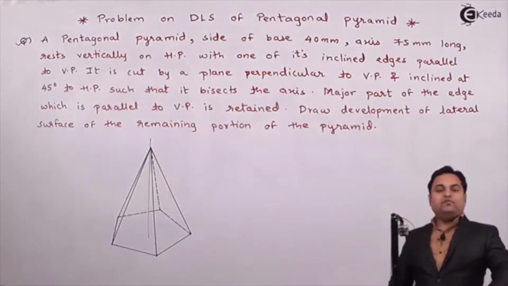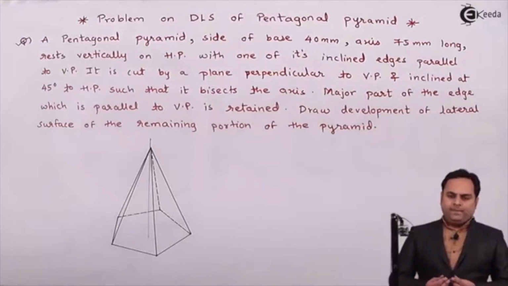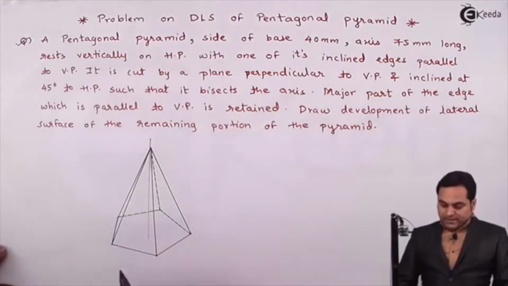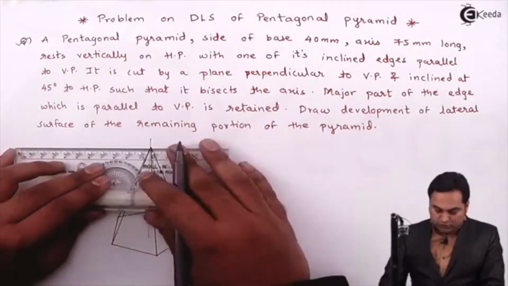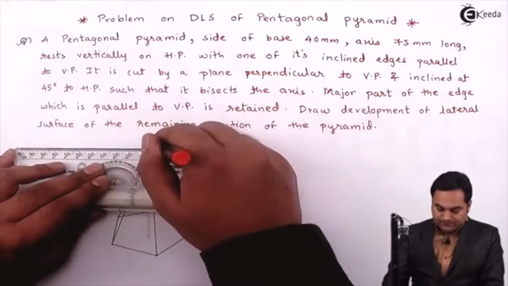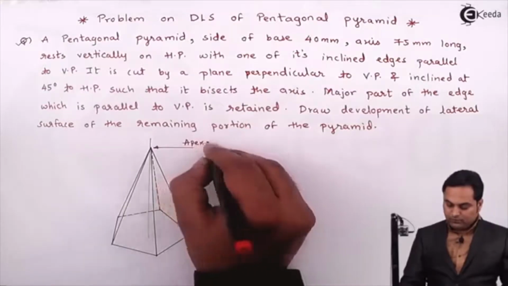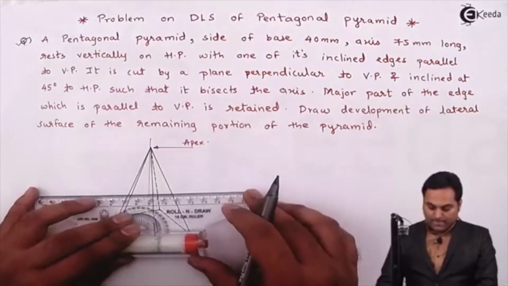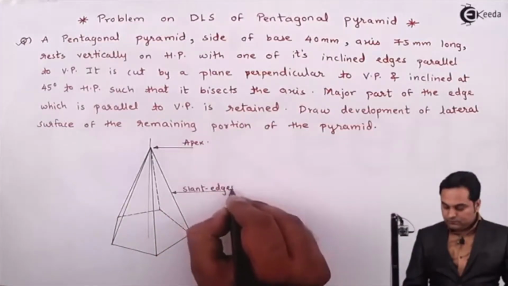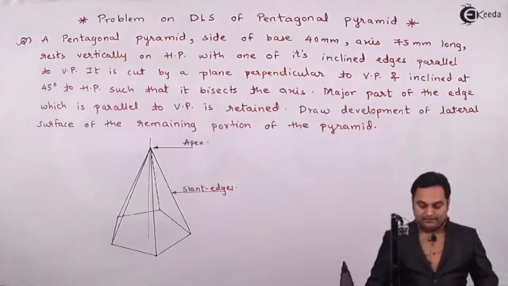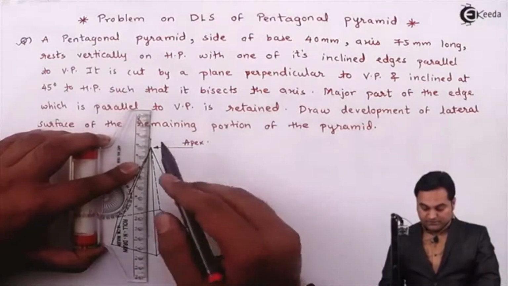So here is the diagram of a pentagonal pyramid in which the base is in the shape of a pentagon having 5 edges, and there are 5 corners which are connected to a common vertex, also called as the apex. These are the slant edges of the pentagonal pyramid, and here we have the axis of this pentagonal pyramid.